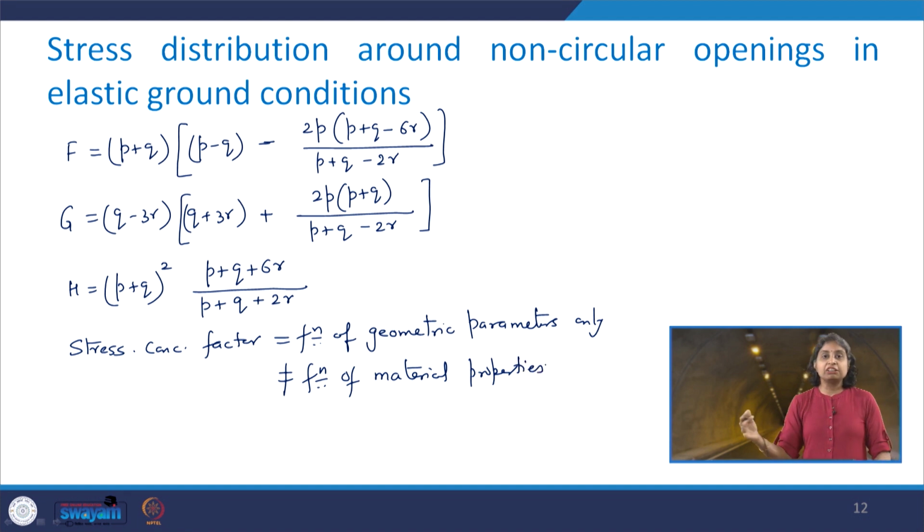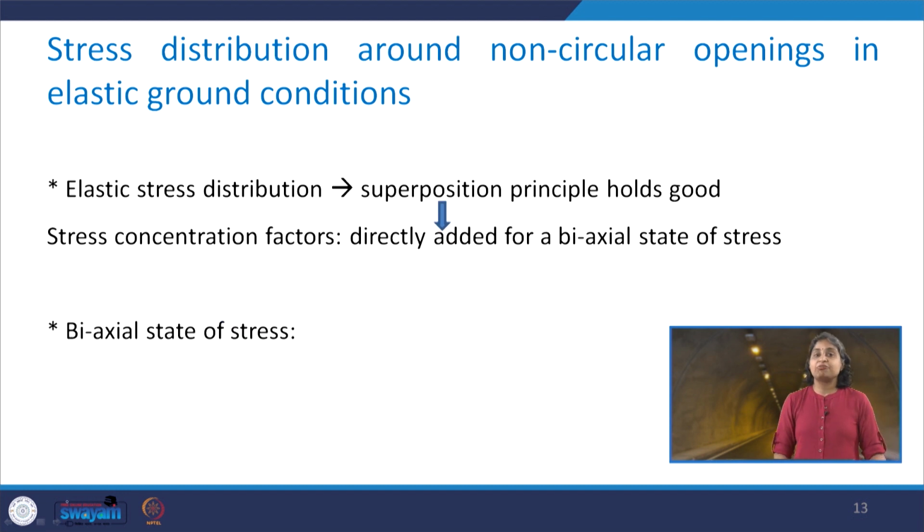See, it was all a function of A, B, C, D to H, and you can see that these are all functions of P, Q and R only, which depend only on the geometric parameters and not on the material properties. So, what happens in case you have an elastic stress distribution?